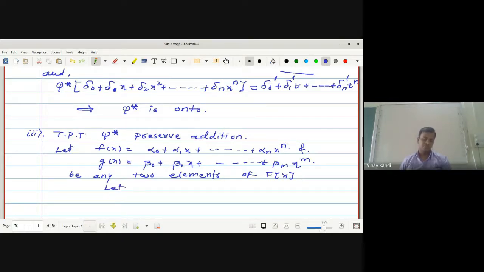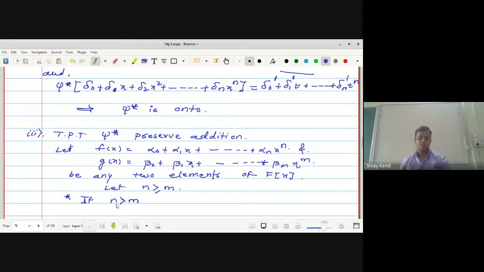First condition. Let's suppose n is greater than or equal to m. So if n is greater than m, what happens?